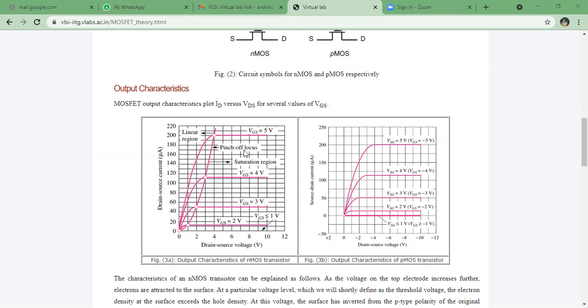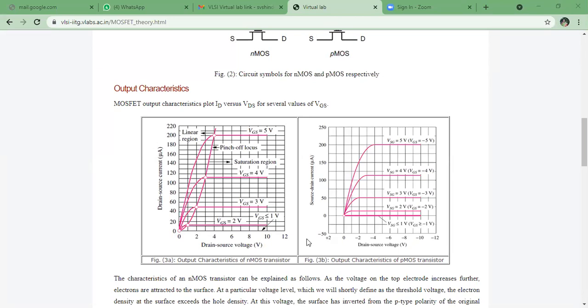Here pinch off voltage also occurs just below the saturation region. So this is the first characteristics graph, the output characteristics of NMOS, and this is the output characteristics of PMOS.